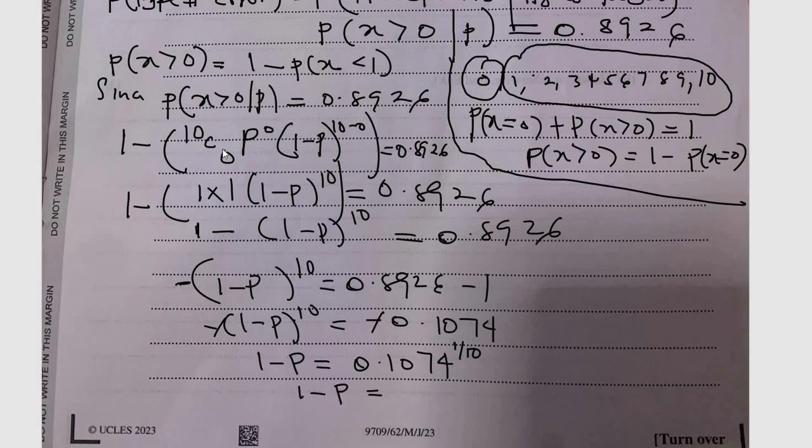So 1 minus P will give us, let me check it, 0.1074 raised to the power 0.1. That gives us 0.8. From here, minus P, 0.8 minus 1 is minus 0.2, minus cancels minus. So in this context, P is 0.2, which is 1 over 5.